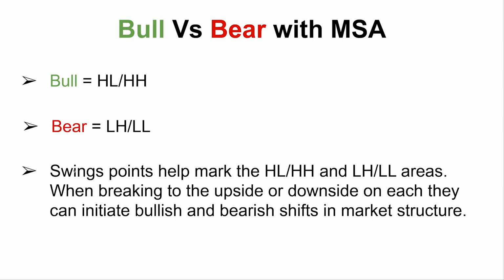The swing points we just went over are going to help us mark the higher lows and the higher highs of bullish market structure and the lower highs and the lower lows of bearish market structure. When breaking to the upside or downside on each, they can initiate bullish and bearish shifts in market structure.